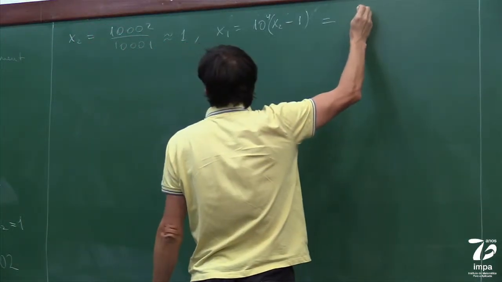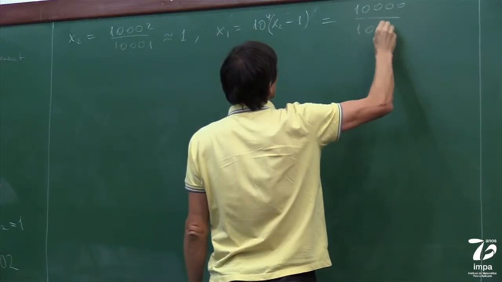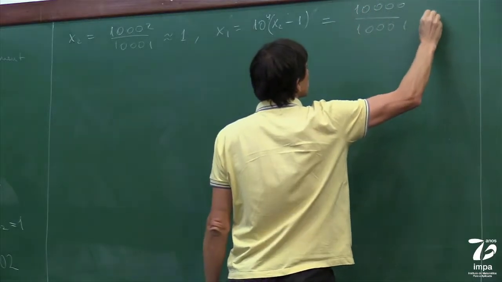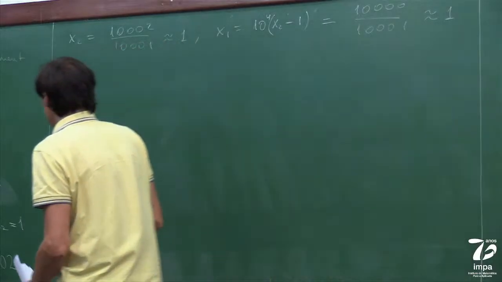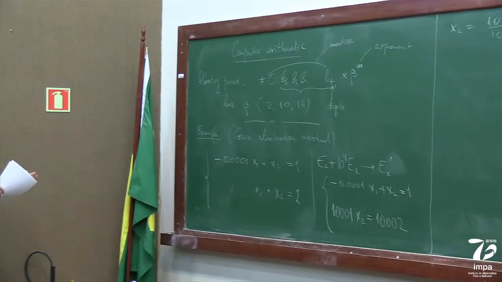It will be 10,000 by 10,001. So it's also very close to 1. So there is a very clear result of the system, where both of them are very close to 1.